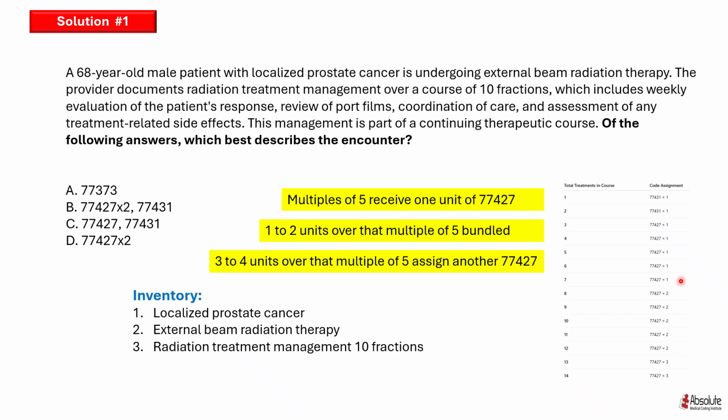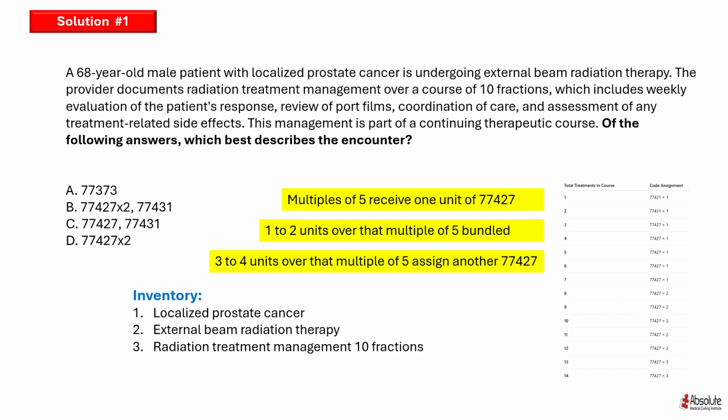See, you don't assign an additional code. However, when you get to 3 to 4 units, 8 would be 3 units over 5, right? 5 plus 3 is 8. You see, you get an additional code. 9 is 4 units over 5. You get another code, right? But we don't have to worry about the multiple of 5s, right? You do assign one unit, one code, 77427 for each multiple of 5.